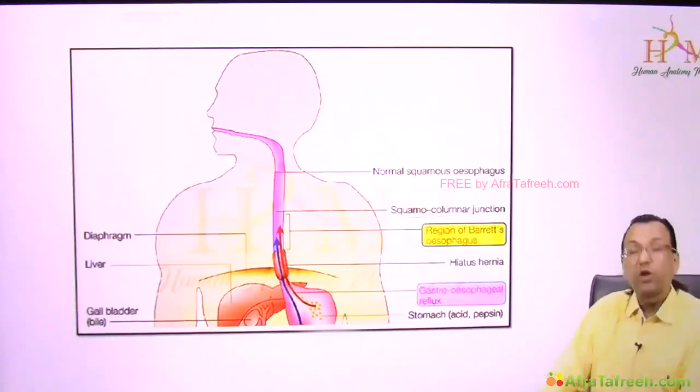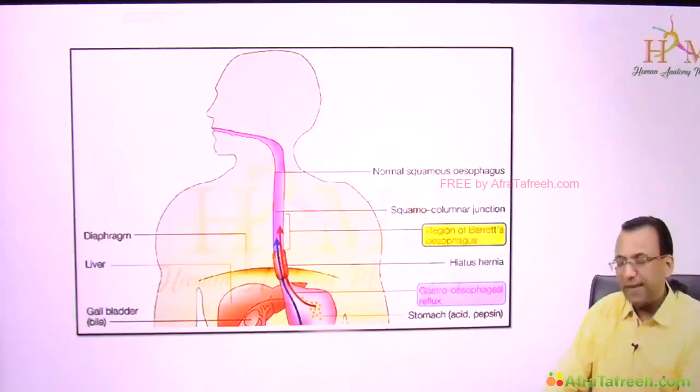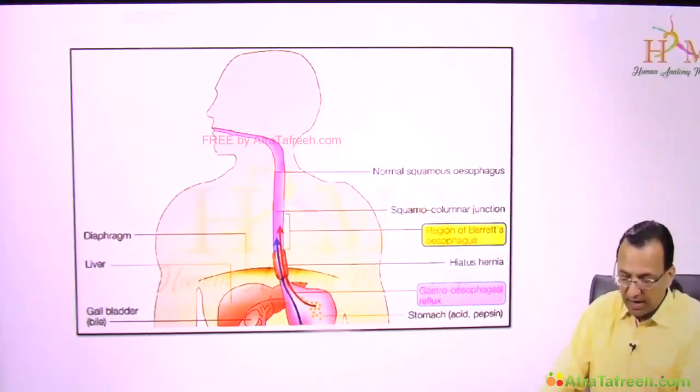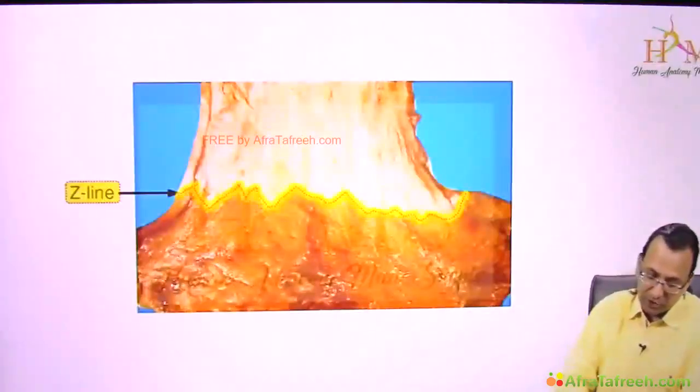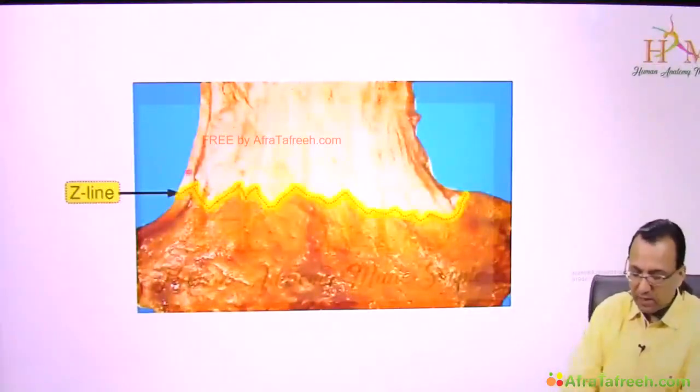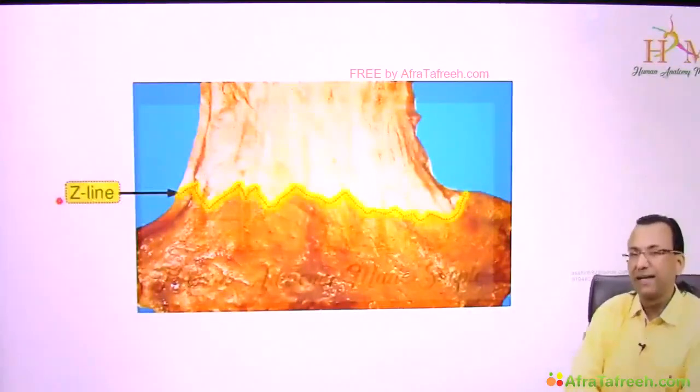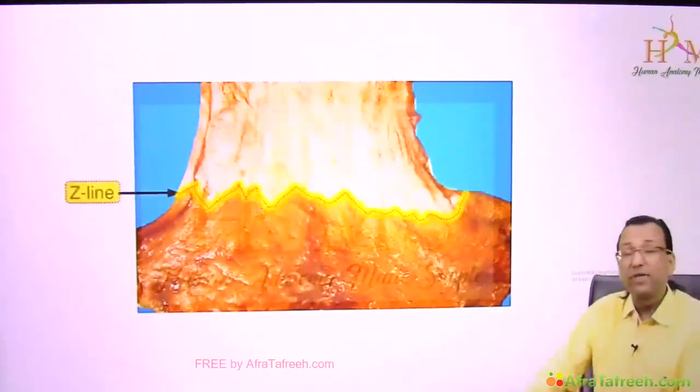Now, if you are talking about Barrett's esophagus, I want to make a diagram for that. Let's do that. But you see, normally there is a squamo-columnar junction in the esophagus which is called the Z-line. What is the Z-line? It is a zigzag line. And where do you see the zigzag line? At the lower end of the esophagus.